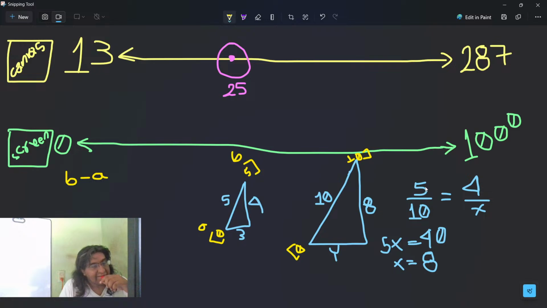So instead of putting this 5, we will put 5 minus 0 over 10 minus 0. 4 minus 0 over x.